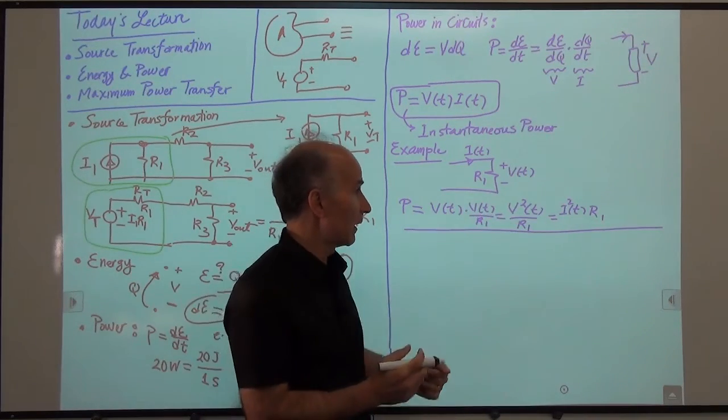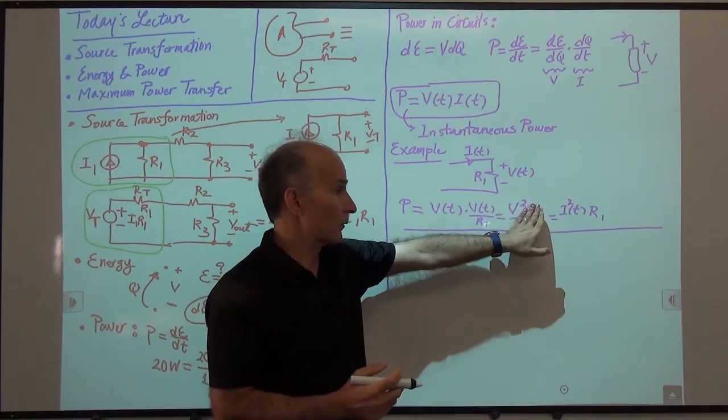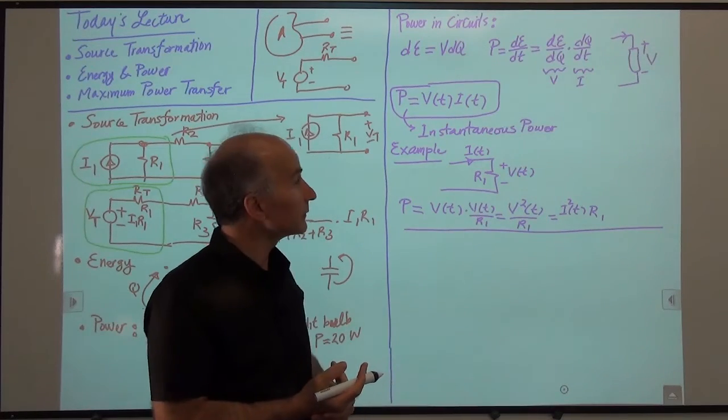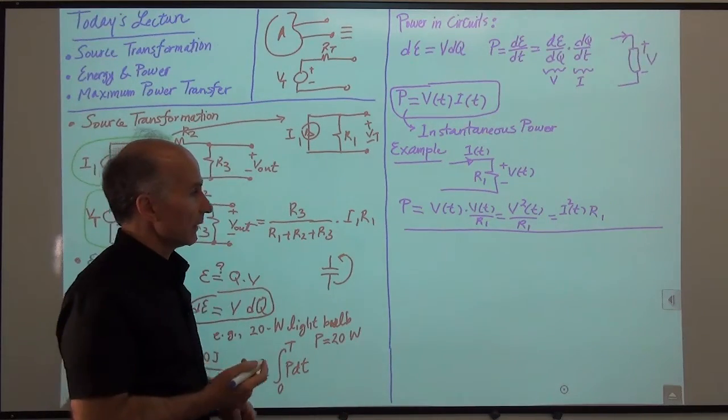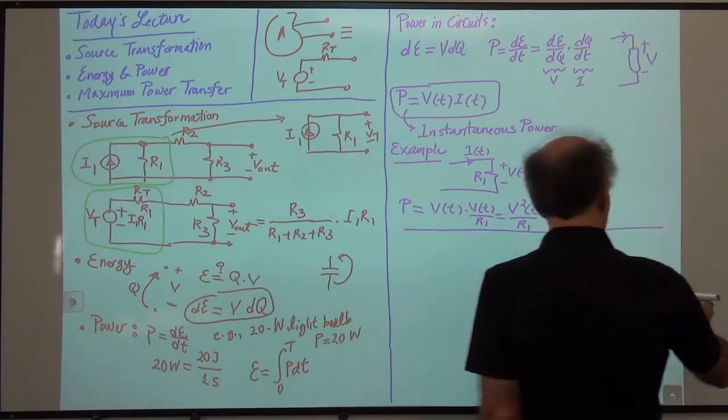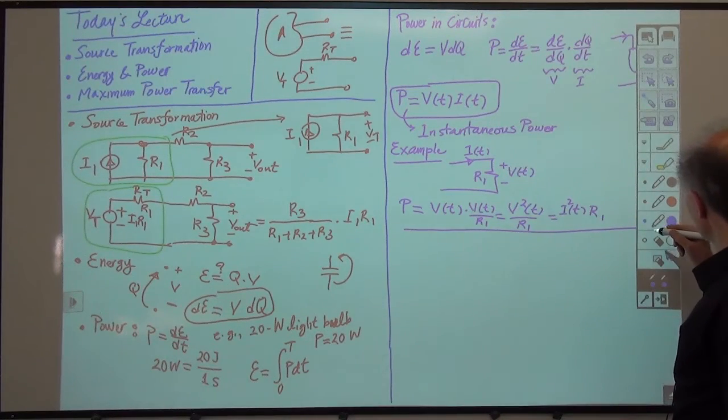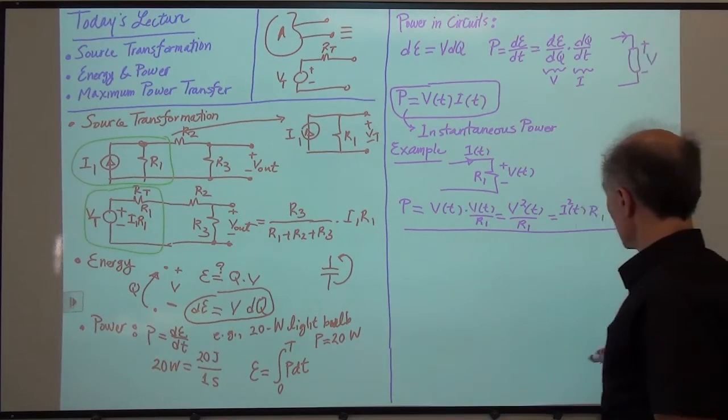It would be like this. Of course, if the voltage is constant, okay, so just don't worry about the t here. All right, so let's talk about the notion of power transfer and why in some cases we care about maximum power transfer.